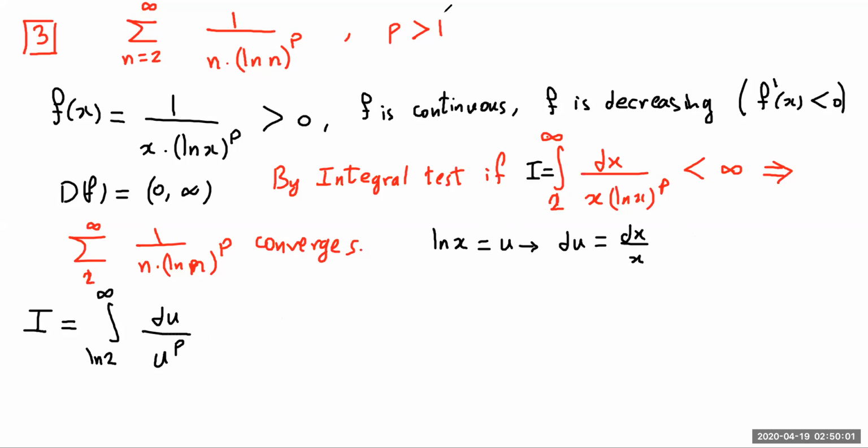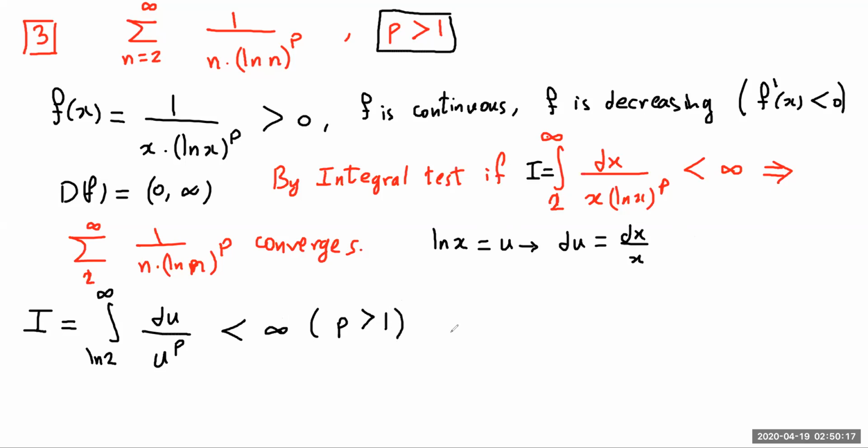Now, from the beginning here, we suppose that b is greater than 1. So this is less than infinity because b is greater than 1.